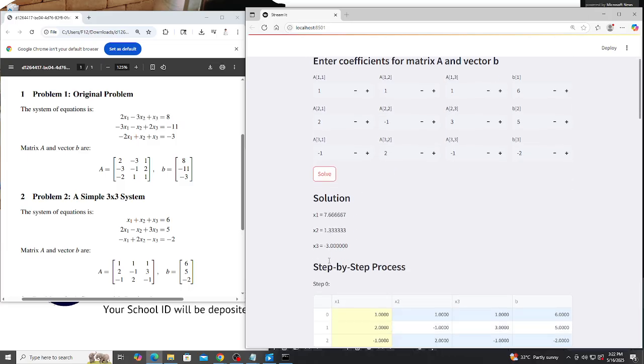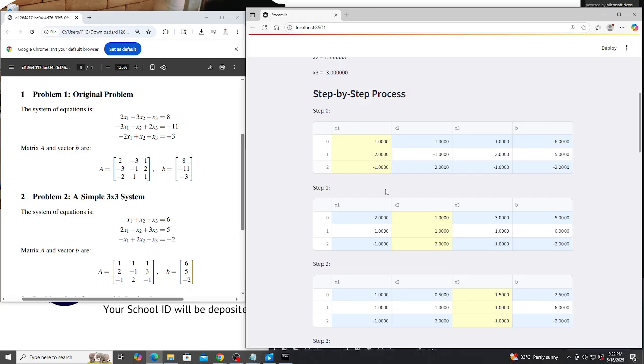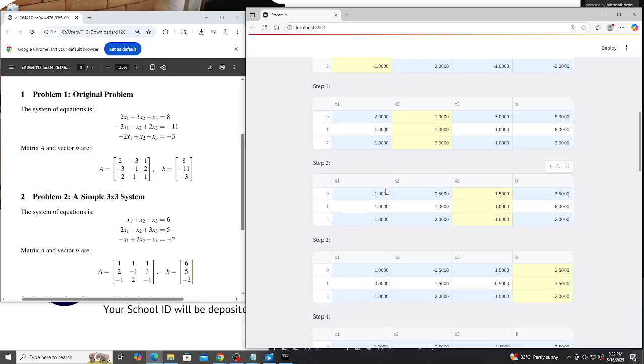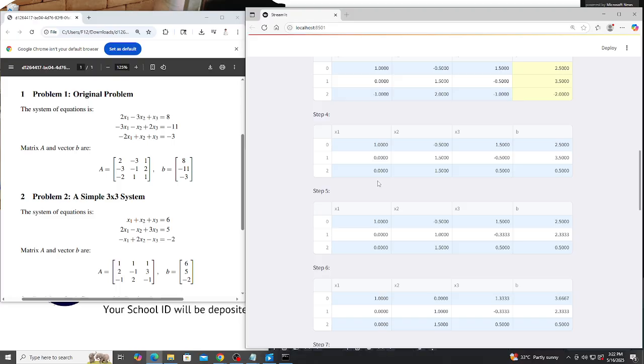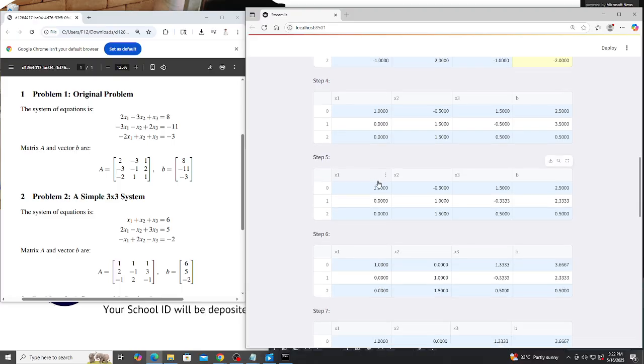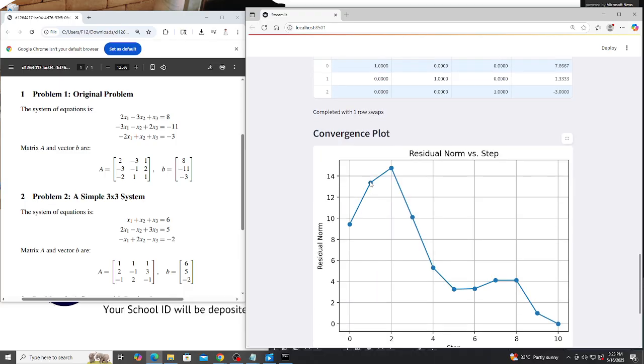Also, as you can see, it also has the step-by-step process. Let's allow the calculator to solve our second problem. As you can see, it's here. It's really functioning, guys. It also shows the residual norm versus the steps.